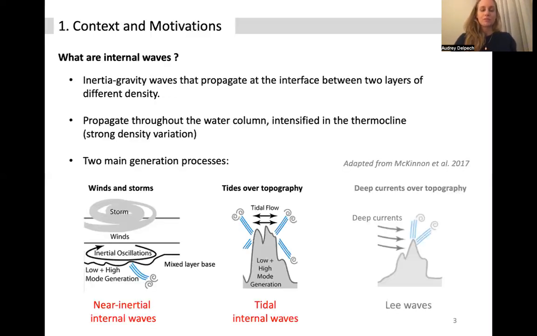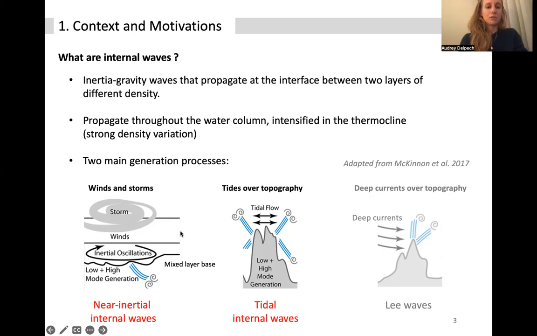So first of all, some very basic knowledge about internal waves. Internal waves are inertial gravity waves that propagate at the interface between two layers of different density. And because the ocean is continuously stratified throughout the water column, they propagate inside the ocean. There are several generation processes for internal waves, and we're going to focus on two of them particularly.